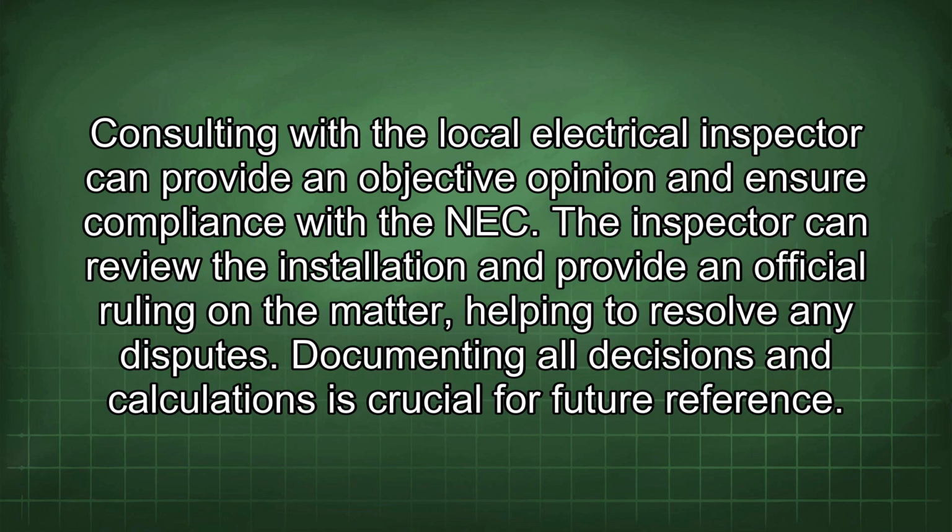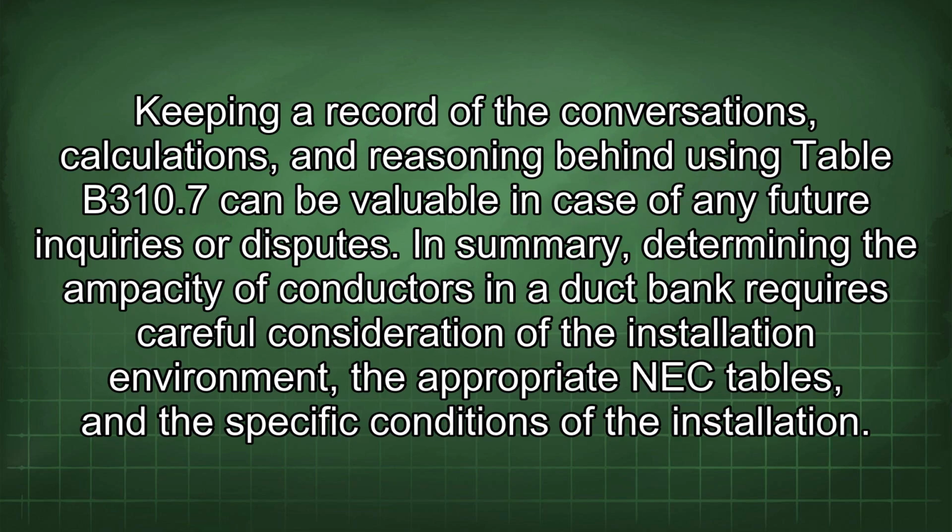Consulting with the local electrical inspector can provide an objective opinion and ensure compliance with the NEC. The inspector can review the installation and provide an official ruling on the matter, helping to resolve any disputes. Documenting all decisions and calculations is crucial for future reference. Keeping a record of the conversations, calculations, and reasoning behind using Table B310.7 can be valuable in case of any future inquiries or disputes.